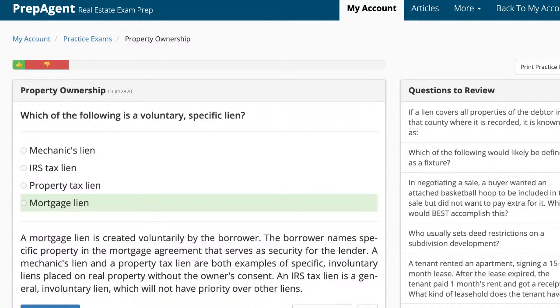So remember that, guys. Everybody write this down in the chat. Property tax, specific lien. Income tax, general lien. People get that confused, so it's important you get that right on your real estate exam.